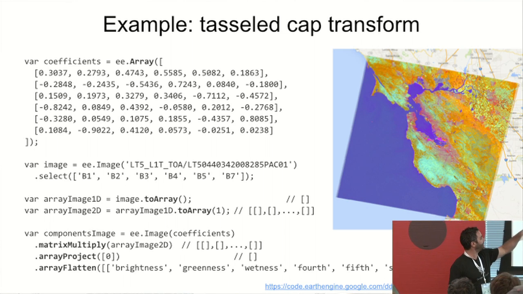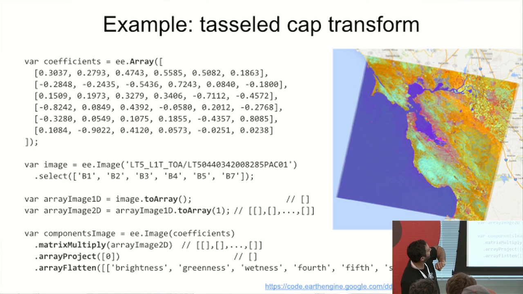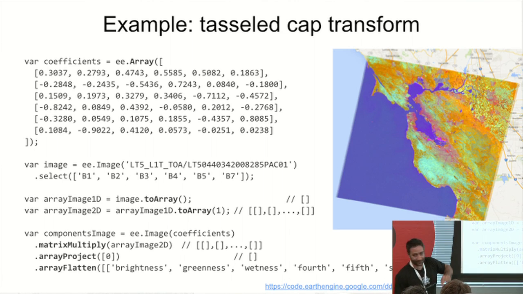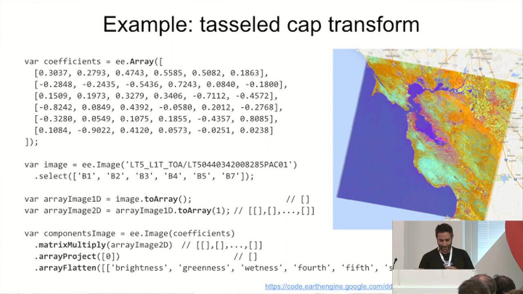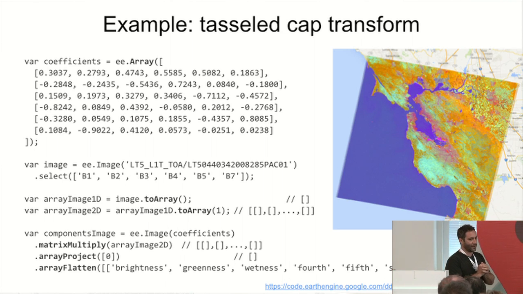This coefficients image, where is it? We have it there, top components. Right there. Sorry, I have to look at my screen. So this is creating an image in which each pixel stores this gigantic array. What's the pixel size? There's no pixel size here.